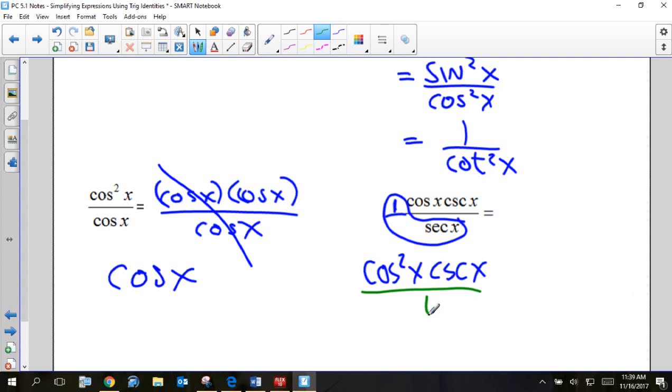So if I make that into 1 over sine x, that would just take this cosecant x and put it underneath the thing it's already attached to. So I can just rewrite this as cosine squared x over sine x. When you move it to the top or the bottom, you change what it is. It only works if it's multiplied or divided by the other stuff. It doesn't work over addition.